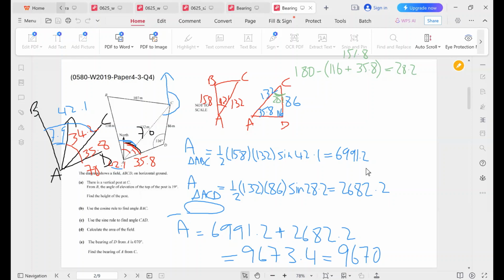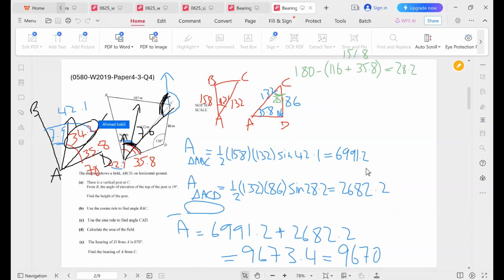The most direct approach is to find this angle here and then to do 360 minus. So how would we find this angle? Remember that you have two norths. So this angle here is co-interior with this angle here. This angle between the north and AC, we already found it as 34.2.